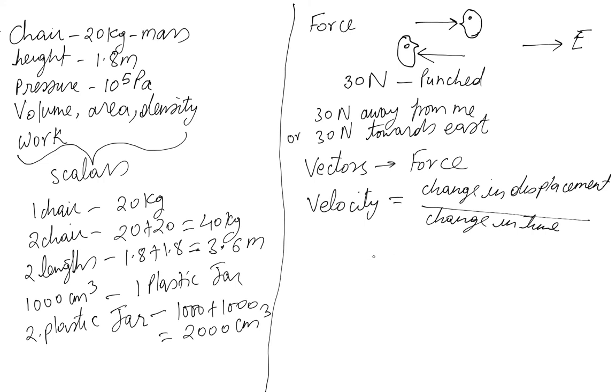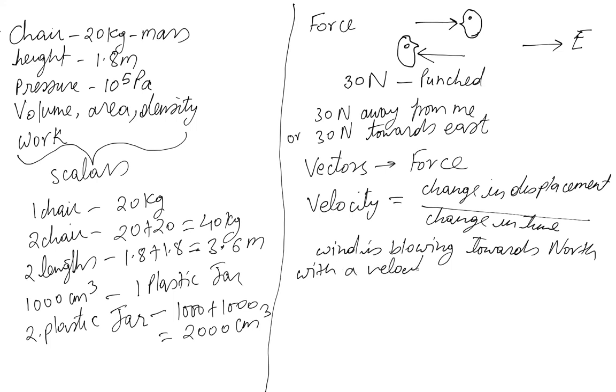For example, we can say the wind is blowing towards north with a velocity of 10 meters per second. Let's call this east, let's call this west, this is north, this is south.